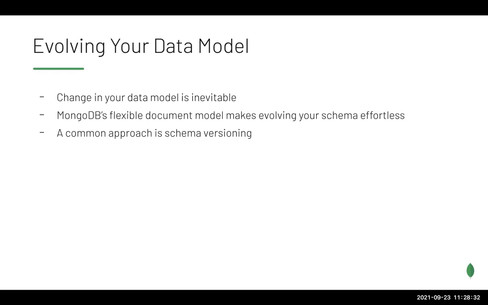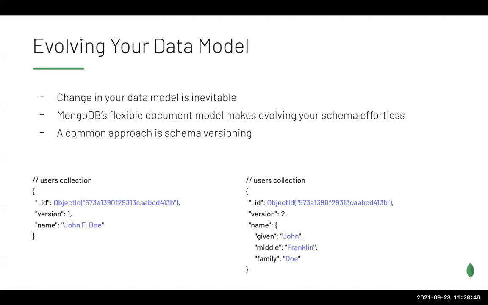There are many different ways you can approach evolving your data model in MongoDB, but one of the really popular ones is called schema versioning. Essentially, what we would do in this example is have a key value pair for the version of the data in our document in a single collection.